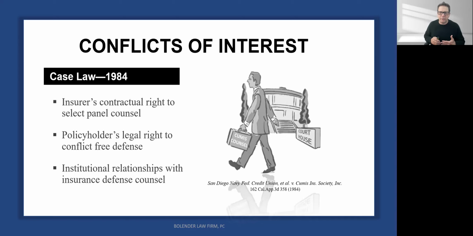And the facts have really been eclipsed by the fundamental factual paradigm that the Cumis case represents. So let me talk about that for a minute.